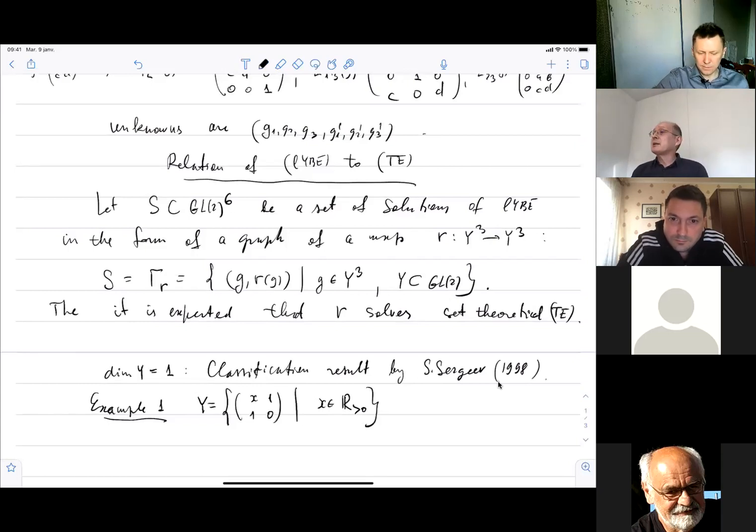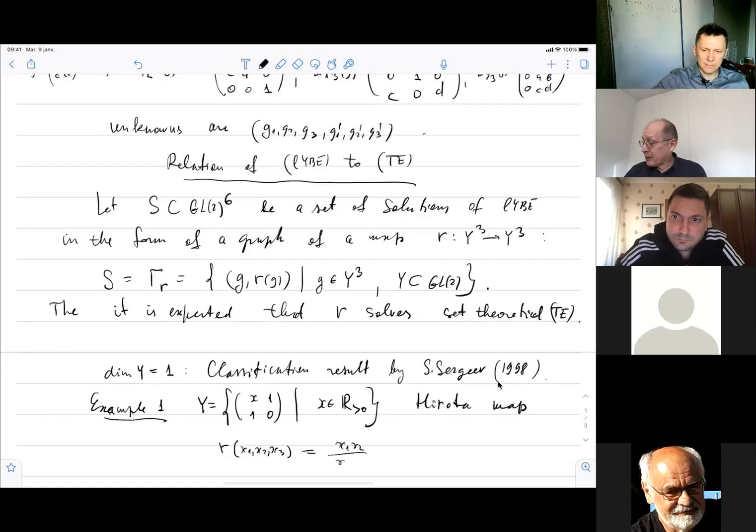The claim is that then with this Y, the strictly positive half real axis, we have a solution, and it is called the Hirota map, which is given by R. Instead of g1, g2, g3, I just write x1, x2, x3, it is given by x1 x2 divided by x1 plus x3, x1 plus x3, x2 x3 divided by x1 plus x3.